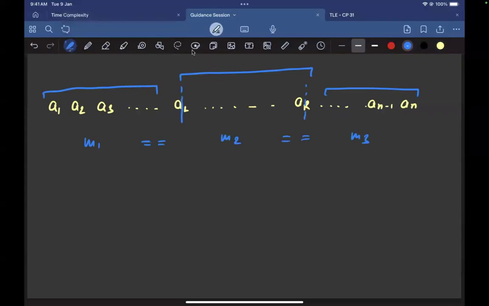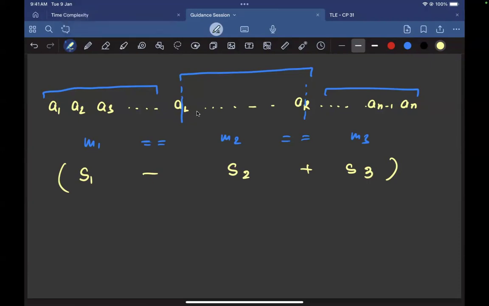We have to make such a partition. And if you are able to do such a partition, what do you want? You basically want to figure out the sum of the first part, the sum of the second part, and the sum of the third part. The equation is S1 minus S2 plus S3. And now, of course, there can be many such partitions, right?